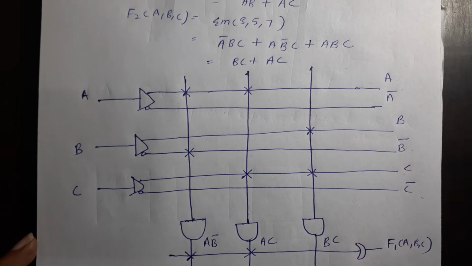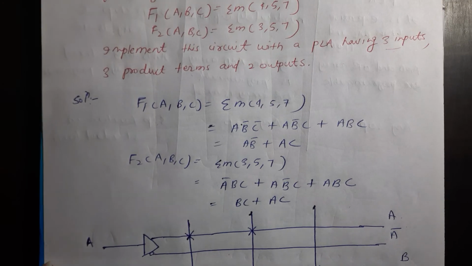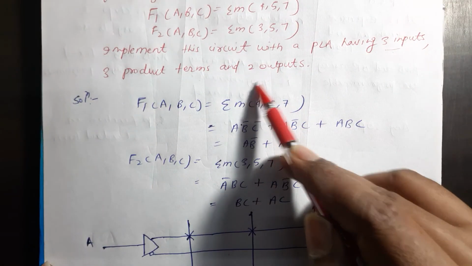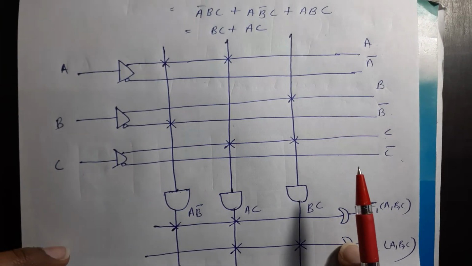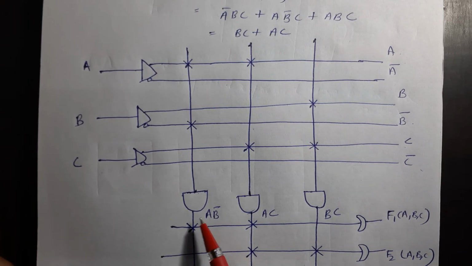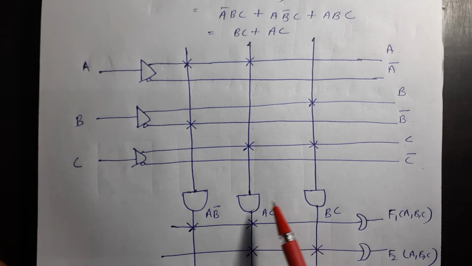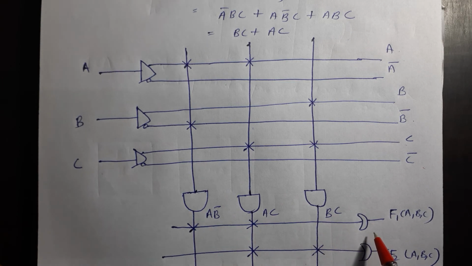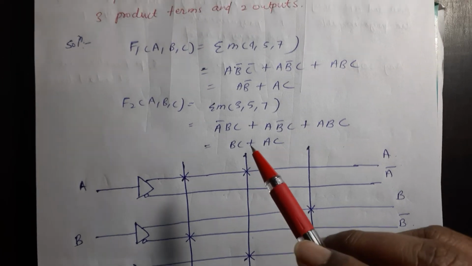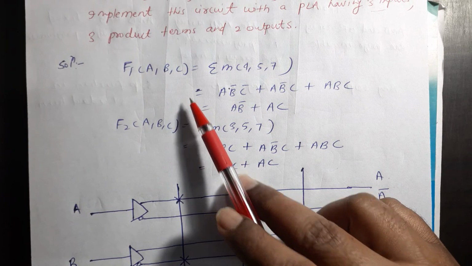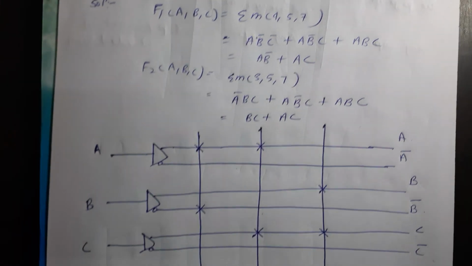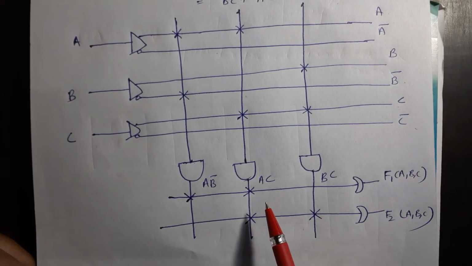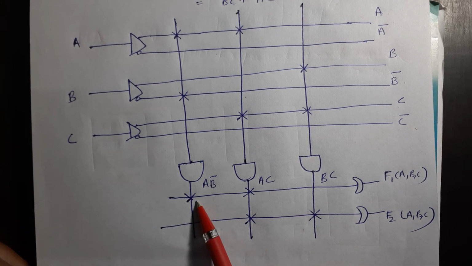Now according to the question, we should have two outputs. So for two outputs, it will be connected through proper connections and passed through an OR gate. If we want F1 A comma B comma C equal to AB bar plus AC, it should be connected at AB bar and AC.